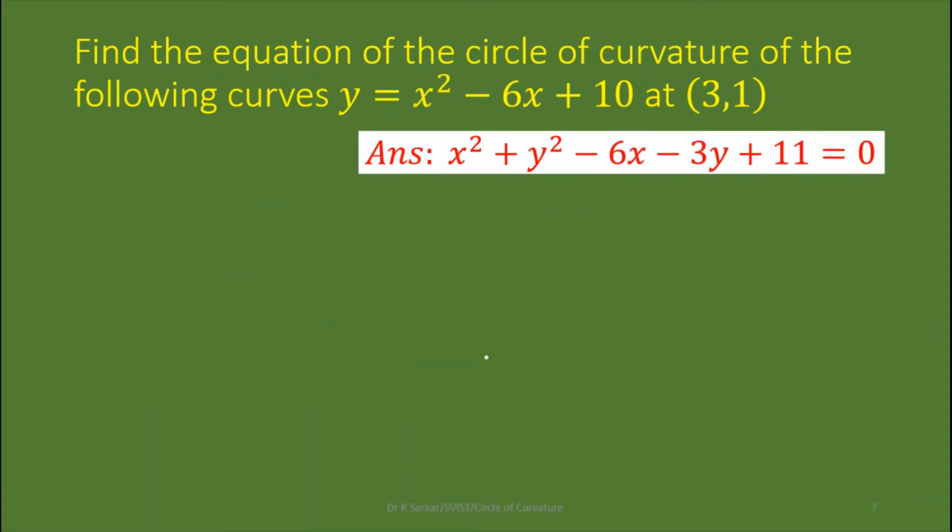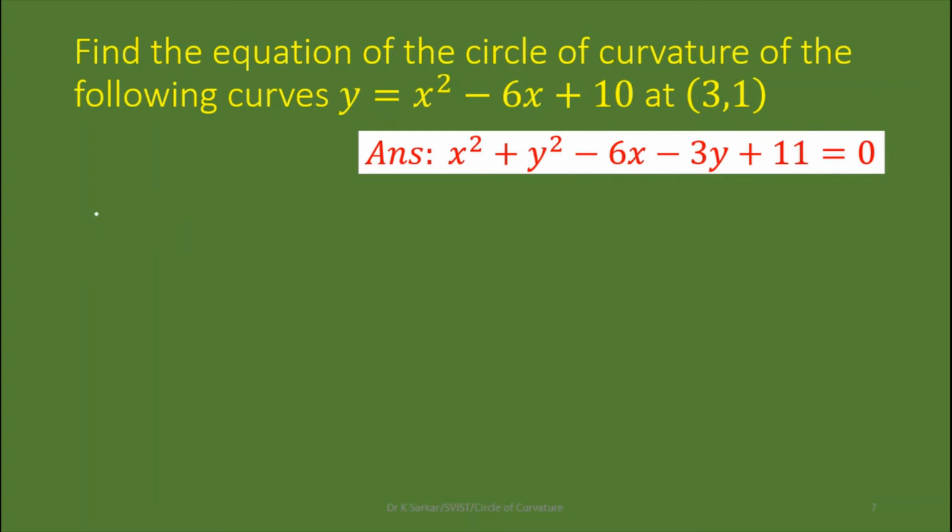Here is a question. Find the equation of the circle of curvature of the curve y equals x square minus 6x plus 10 at (3, 1). First, we need to find y1, that is dy/dx. Let us differentiate this equation with respect to x.